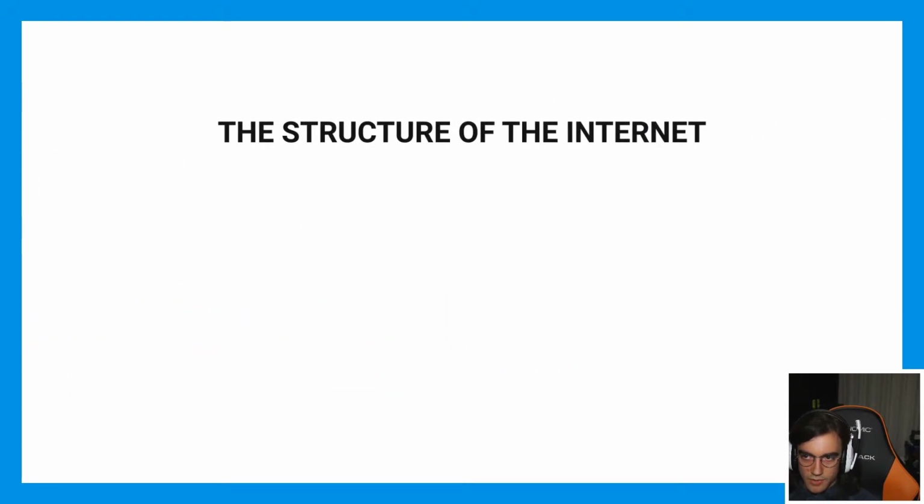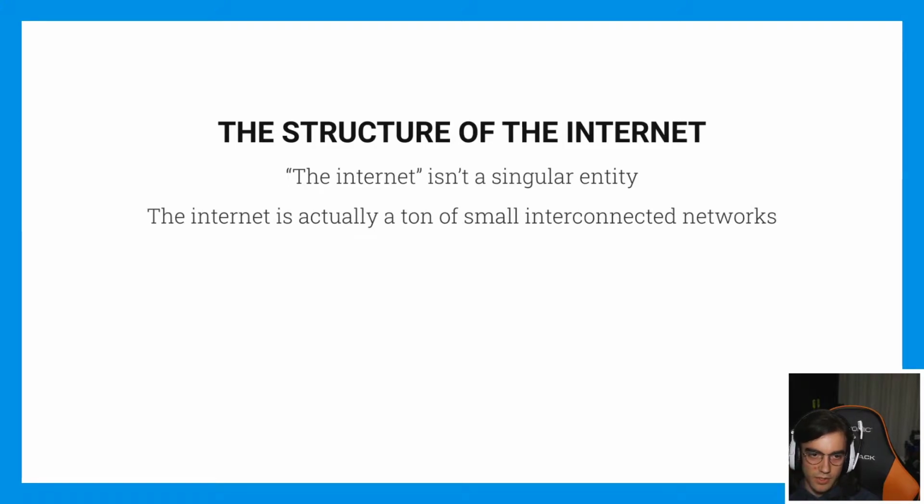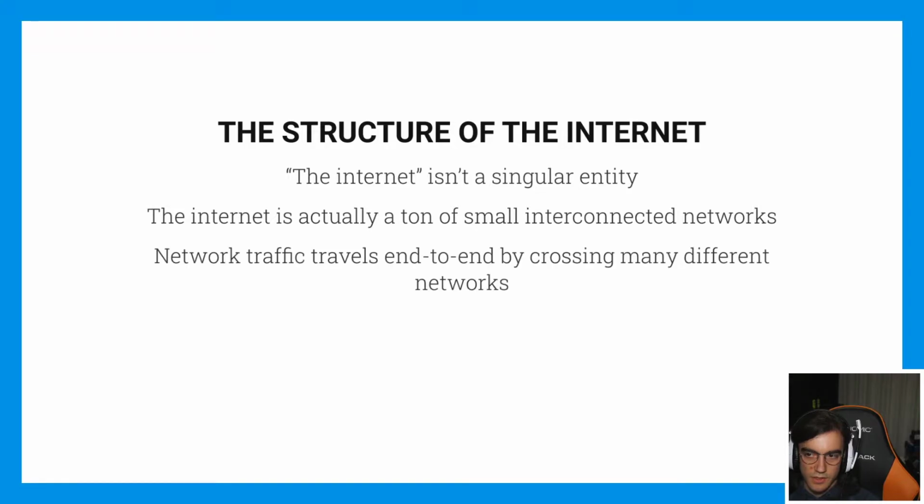So I'm going to talk about the structure of the internet also. It's common for people not to think much about the architecture of the internet and just see it as a big cloud on the other side of the cable that's going to the internet service provider, but it's actually a lot more interesting than that. The internet is not a single entity, but it's actually a ton of small interconnected networks, as we're going to see.